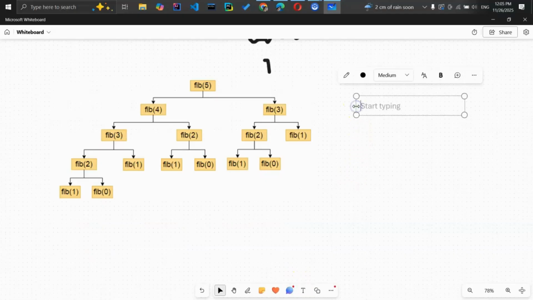If n is equal to 0, what about the Fibonacci value?